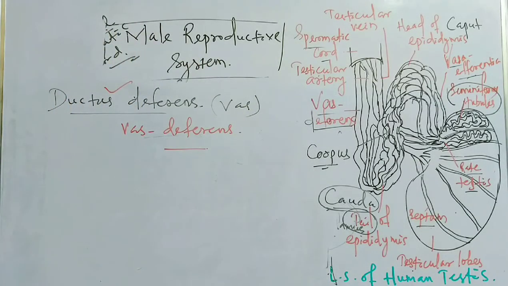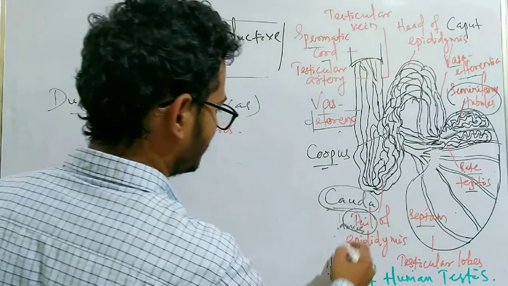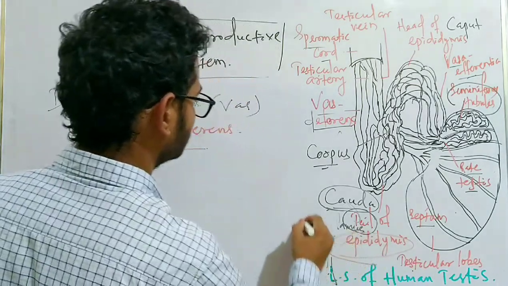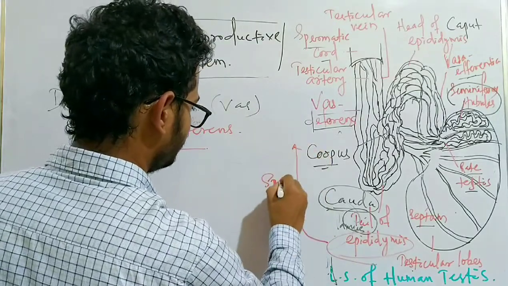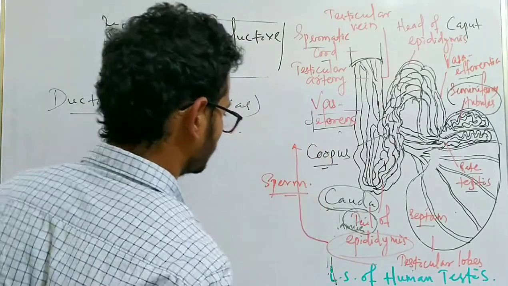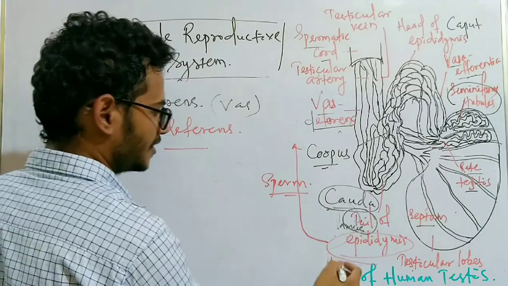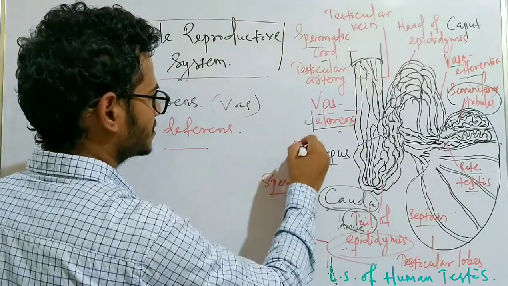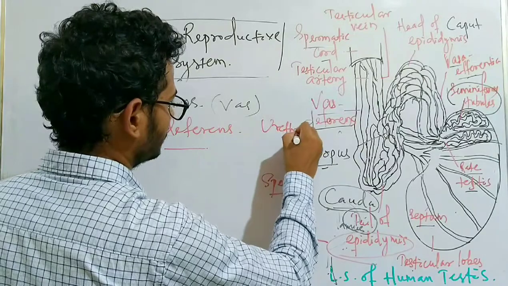Okay, so the ductus deferens conveys sperm during sexual excitement from the epididymis towards the urethra. From the epididymis, it will take the mature sperm during sexual excitement towards the urethra.